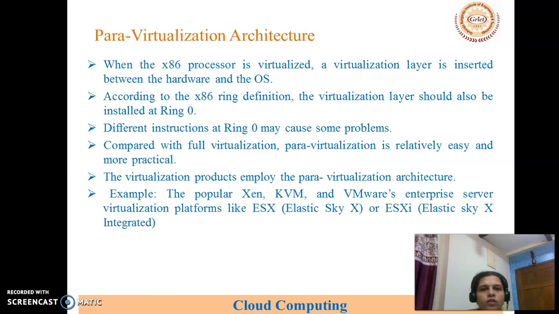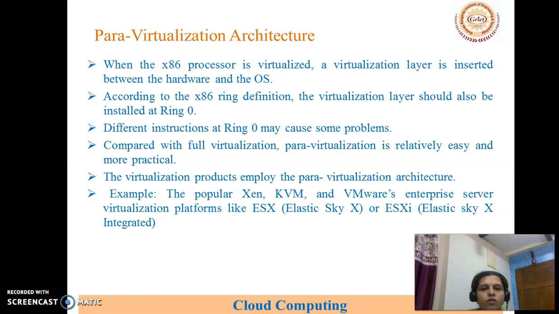Next one is the para-virtualization architecture. When the x86 processor is virtualized, a virtualization layer is inserted between the hardware and the OS. According to the x86 ring definition, the virtualization layer should always be installed at ring 0. Different instructions at ring 0 may cause some problems.